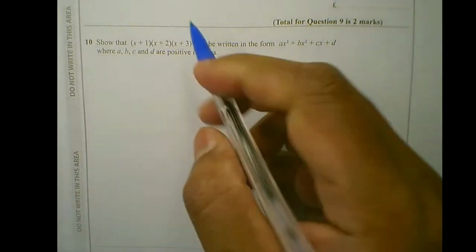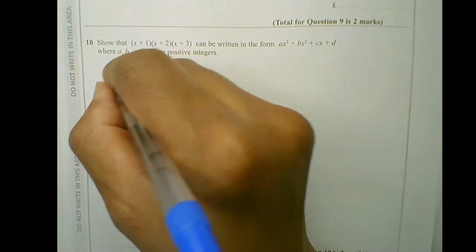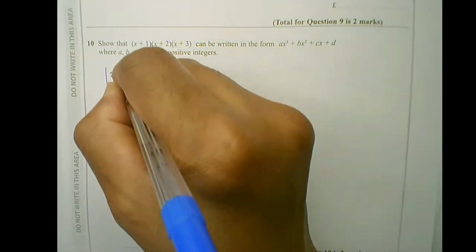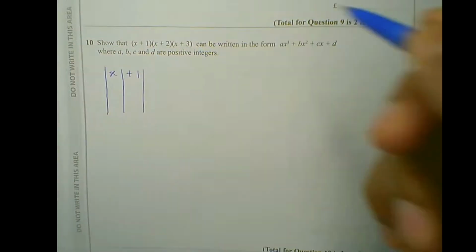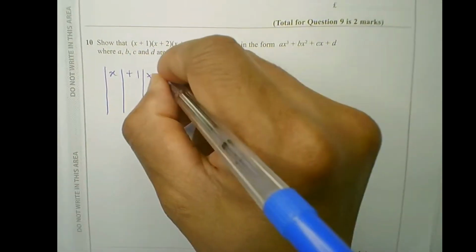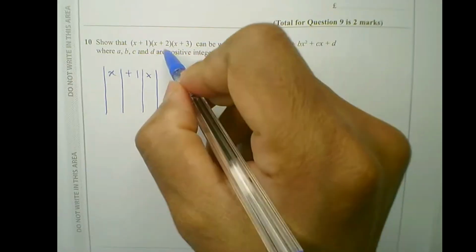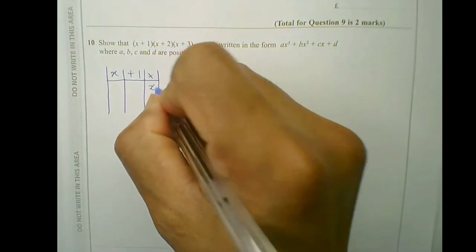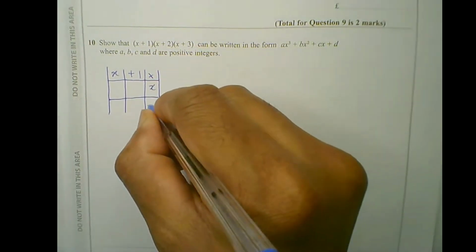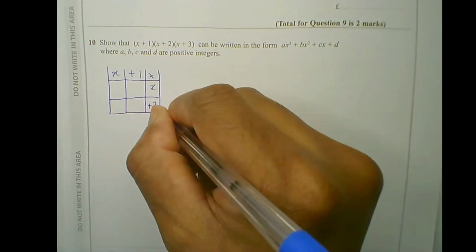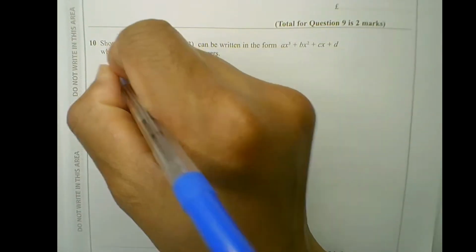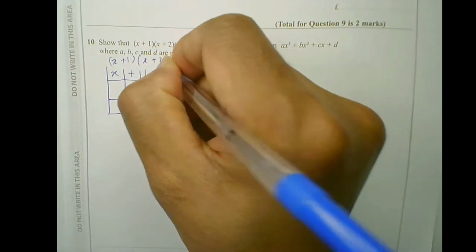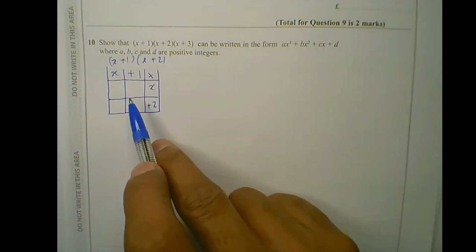So here we have x plus 1, so I'm going to write out x, plus 1 here. So I've got that times by the second bracket, which is going to be x plus 2. Should write it out here, x plus 1, x plus 2. Okay, and so I'm just going to fill in the boxes.